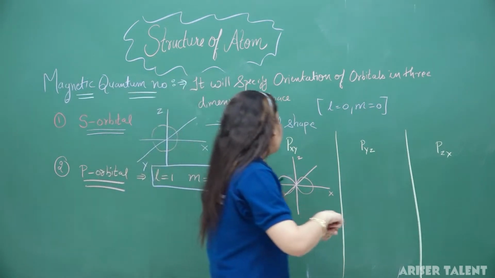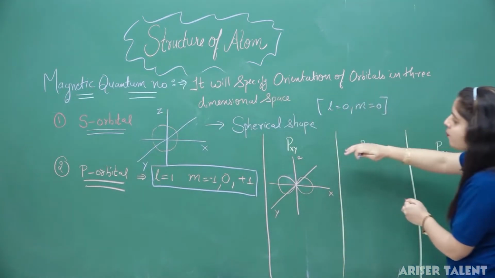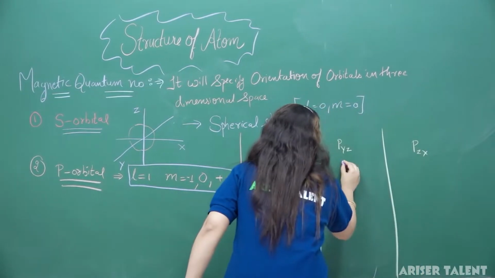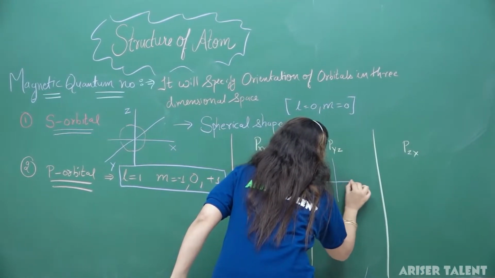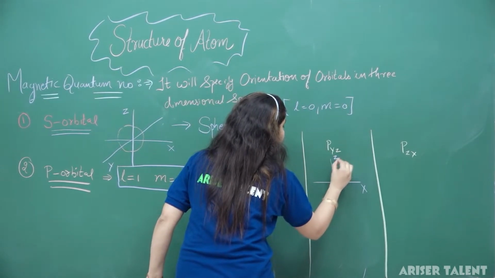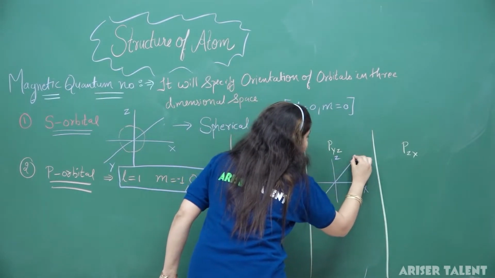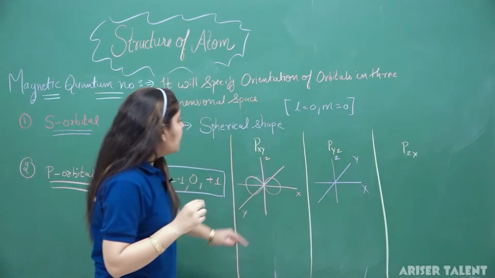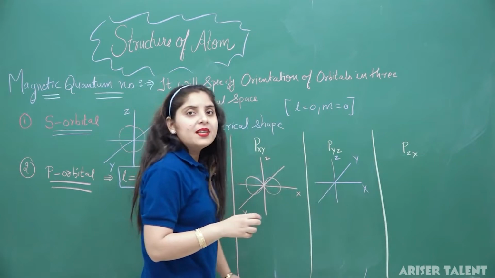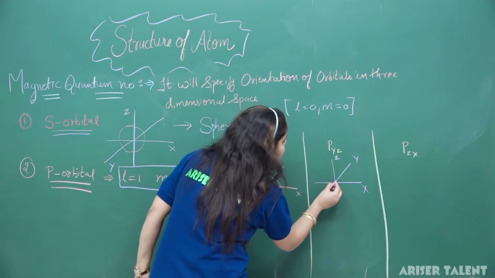Now we want to determine the shape of the orbital in case of p yz. So again we have the x-axis, the z-axis and the y-axis. Now what will be the shape of the orbital in case of p yz?